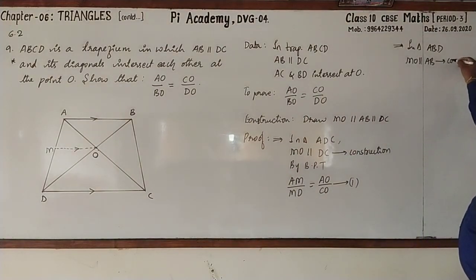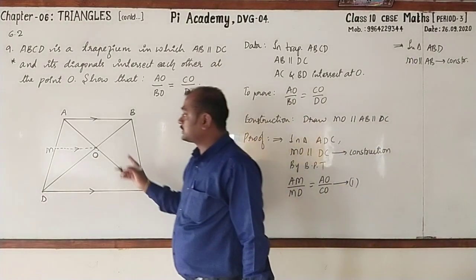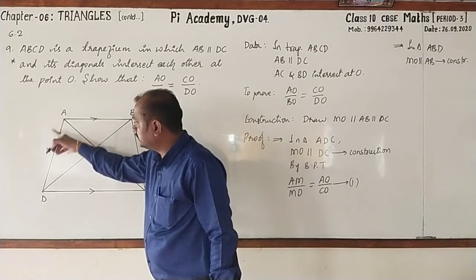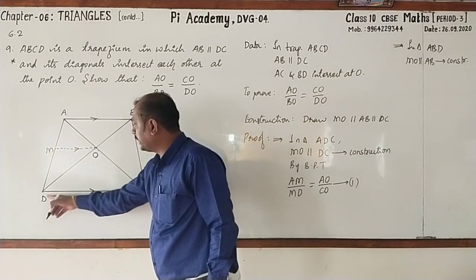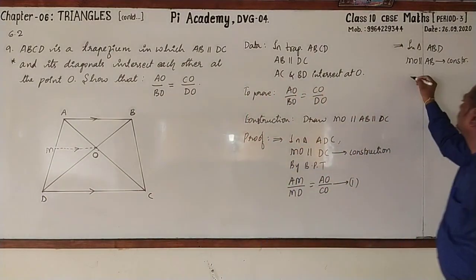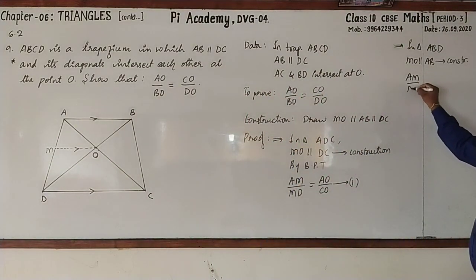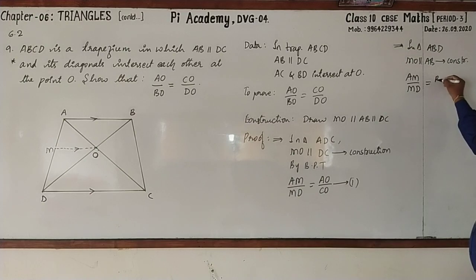The reason is again construction. Next, again we can write AM by MD is equal to BO by DO. It is according to BPT. Call it as statement 2.